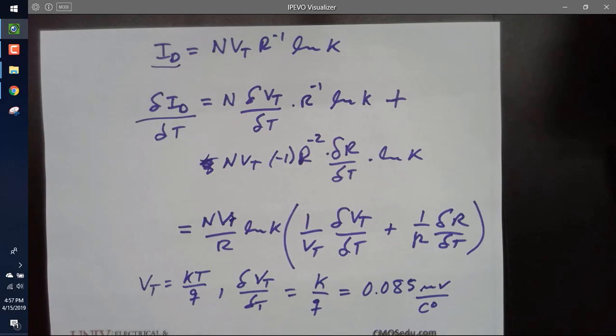So that means we could have positive tempco or negative tempco, but let me see if I made a mistake. I'm looking at the one on page 763.